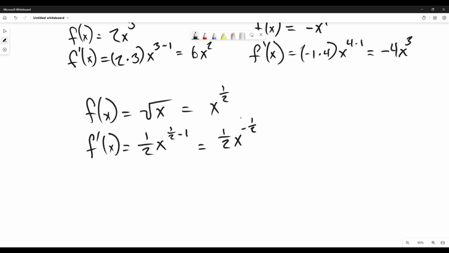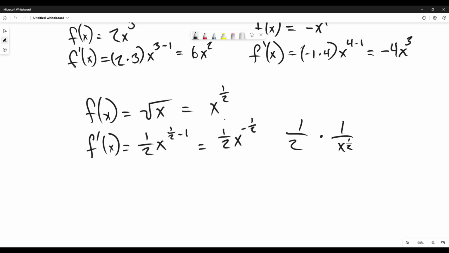Excuse me. So there's a few things to unravel here. So let's break it down. We have the fraction 1/2, and we're multiplying that by x to the, first thing to look at is the negative power. Any exponent to the negative power means instead of it being x over 1, for example, it's the opposite. It's 1 over x. So here we have this times 1 over x to the 1/2 power.